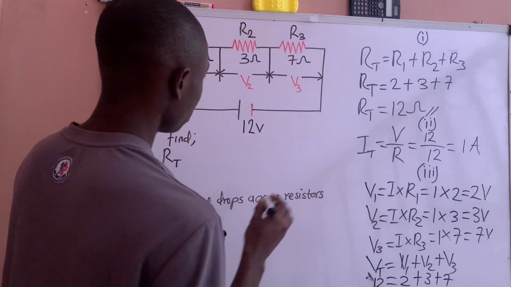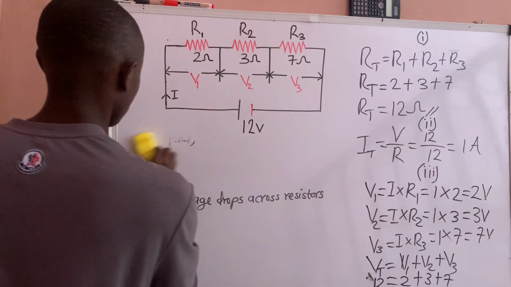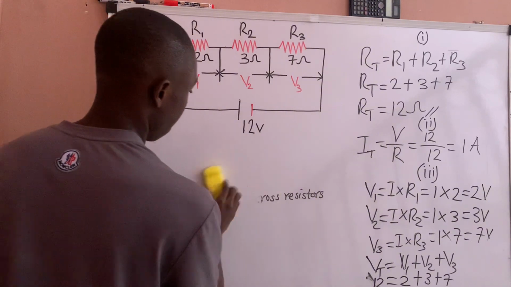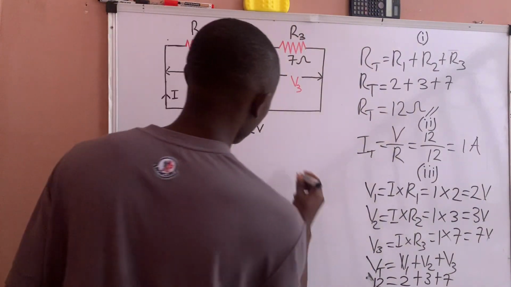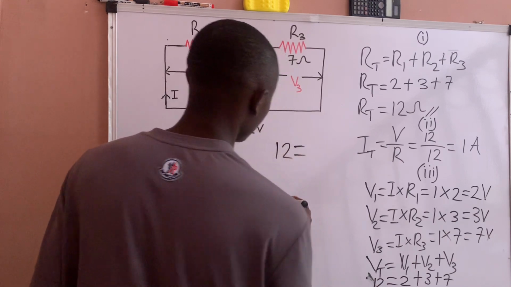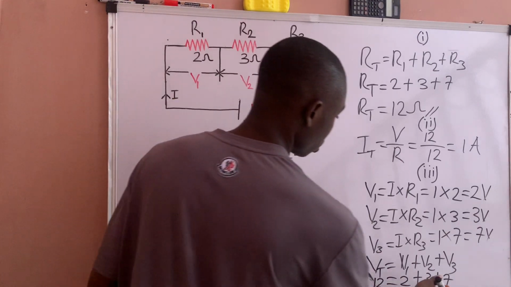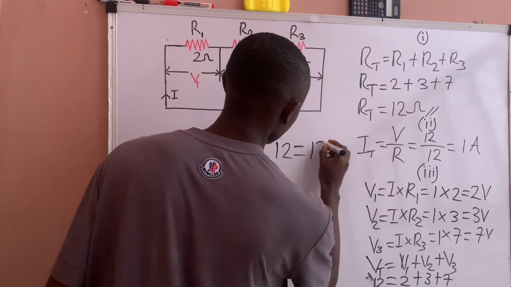So now, let me clean here. So now, we will have that 12, which is the total supply voltage, will be equal to 3 plus 7 is 10 plus 2 is 12, which is 12 volts.